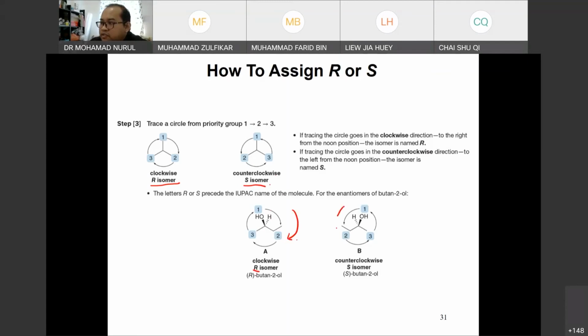From this one, in this direction, we call it the S enantiomer. After that, we can write the stereoisomer representations: this one is R-2-butanol, and this one is S-2-butanol.